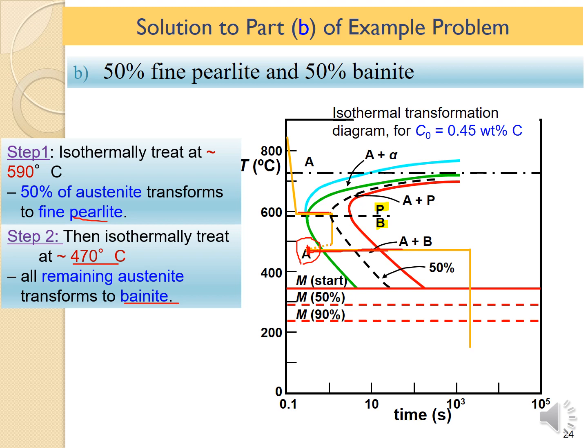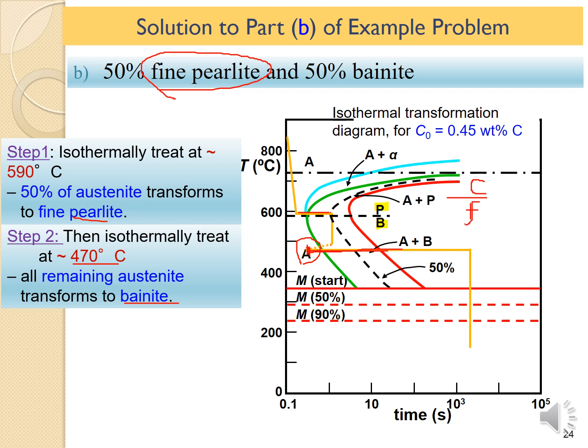So another side note is fine pearlite. In the earlier number A, you have a coarse pearlite, right? So actually, within the pearlite region, we have two types. On the top portion, you have the coarse pearlite, and on the bottom portion, you will have the finer pearlite.